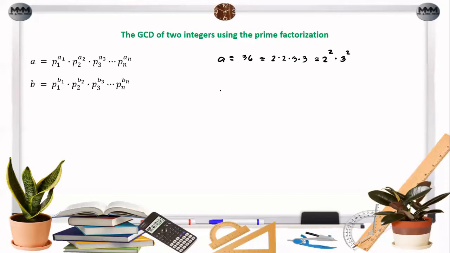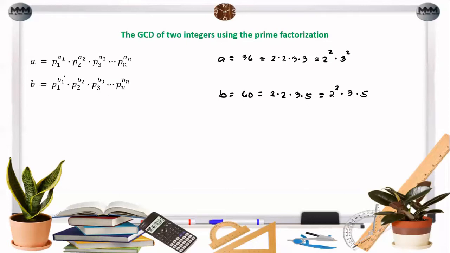And then for b, say for example, b is 60. So 60 can be written as 2 times 2 times 3 times 5, or we can write this as 2 squared times 3 times 5.